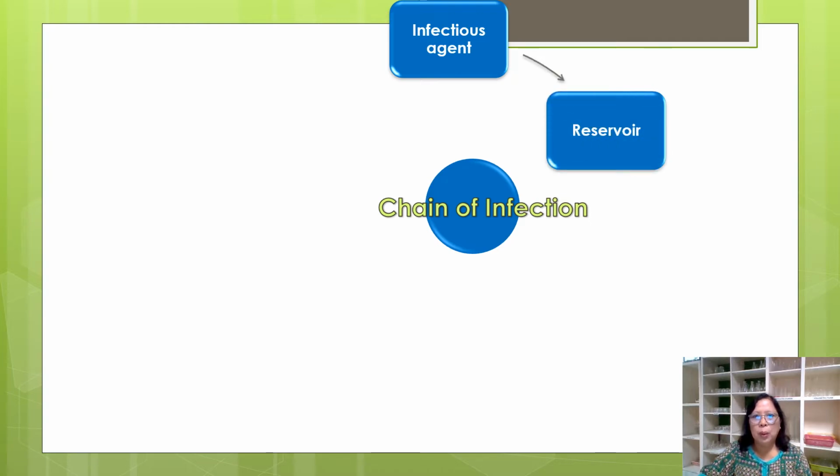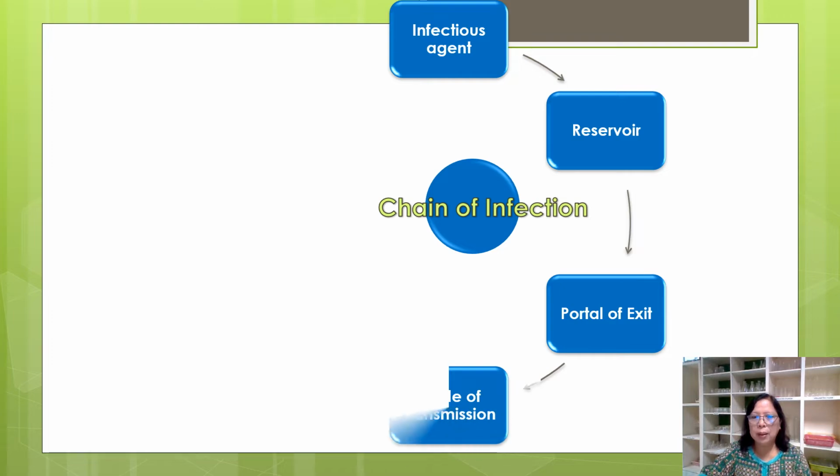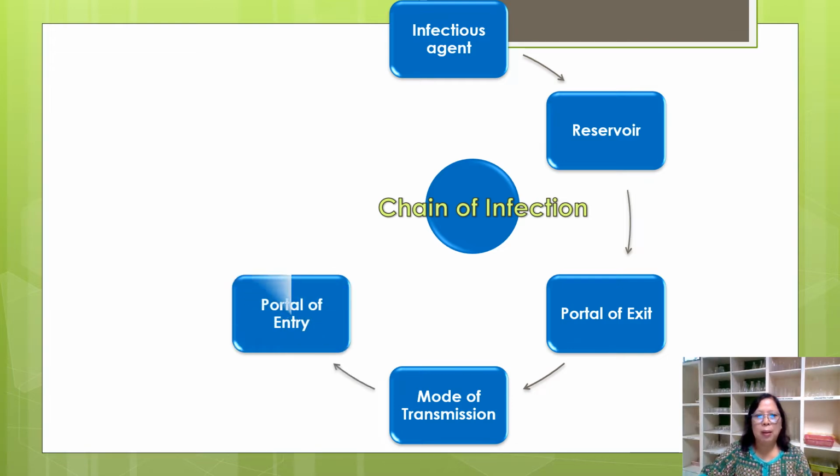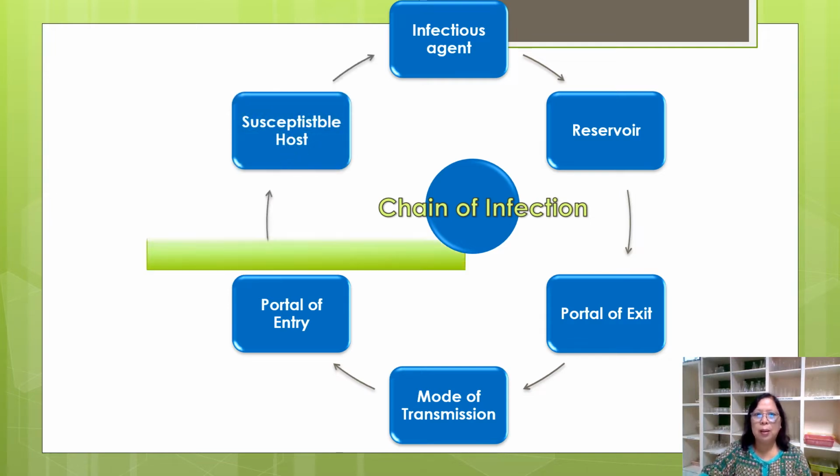So we have the reservoir, the portal of exit of the microorganism towards a new probable host, and then the portal of entry to the new host, and then looking into another susceptible host.